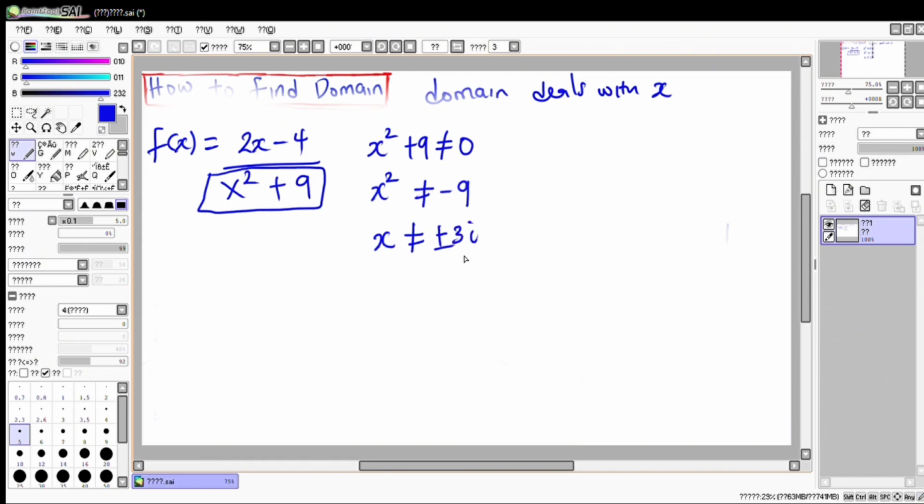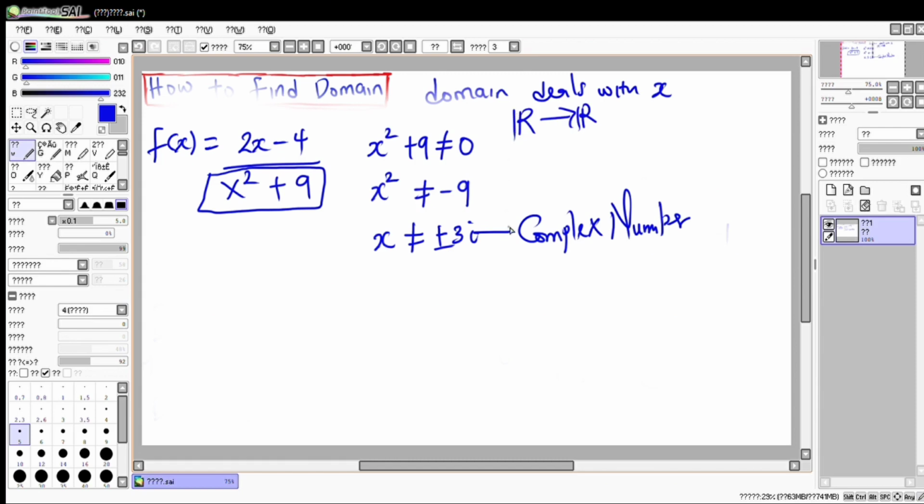You should have done this in complex numbers. If you have not done that, kindly check my channel for the lesson. Now, you will notice that x must not be a member of the complex numbers. Mostly, all functions like this under domain, we deal with real numbers to real numbers.